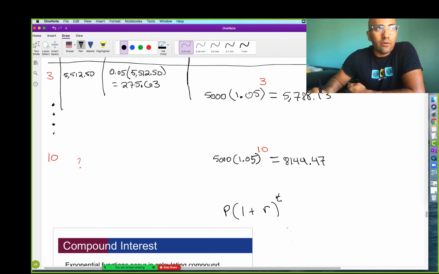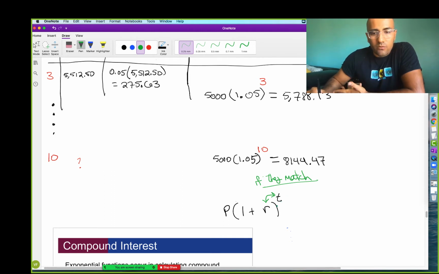If they're asking you, after 20 days, what's the balance on the account, and they give you a daily rate, then that's fine. If these two things match, this is the formula. Good? Okay, so if they match, this is the formula.